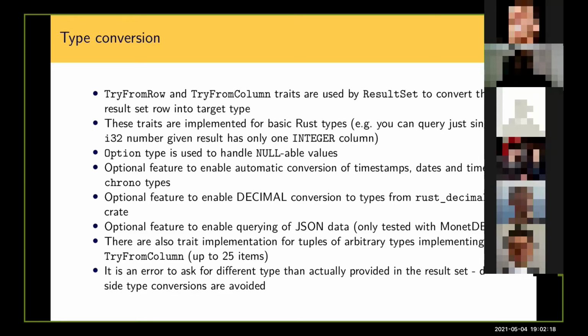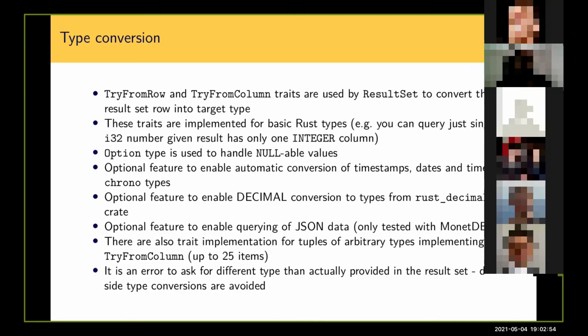What is important to note here is that I wanted to make sure that there is a one-to-one mapping between those types in Rust and in the result set. So if you ask for a wrong type, for instance, you query a string but you ask to get a row of type i32, then there will be an error. There won't be any implicit conversion done by either odbc-iter or the driver, which could be the case elsewhere; I'll talk about that a bit later.